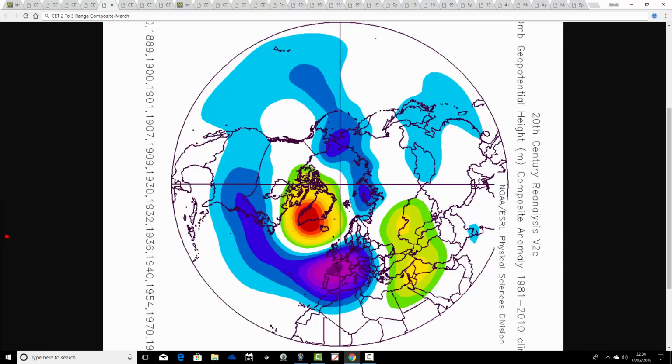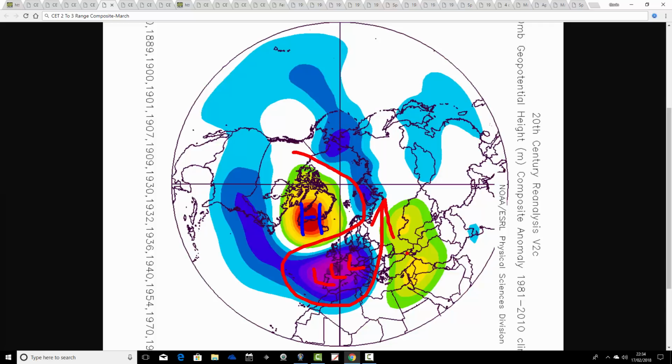These, remember, are the Marches that follow properly cold Februaries, and we have a very strong blocking signal centering around Greenland and Iceland, and then a trough of below average heights underneath that block across Western Europe. So there is no beating about the bush about this. It is a very strong, potentially very cold signal for these Marches.